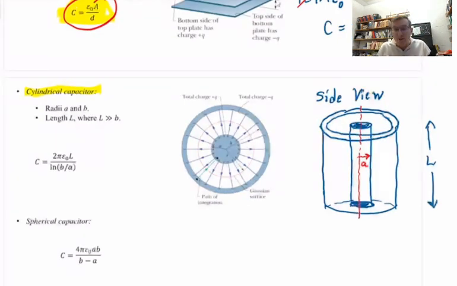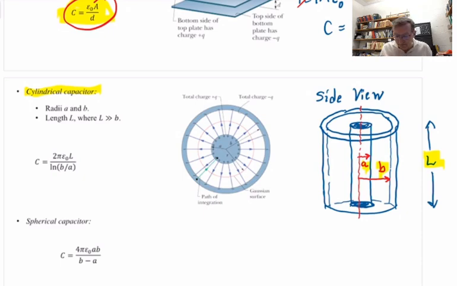Okay, I'm trying again. So the radius of the inner cylinder is A, and the inner radius of the outer cylindrical shell is B. My figure, and so is the book's figure, is misleading, because what we really mean is that the capacitor's L is much larger than A and B. So it's much longer than it is wide.